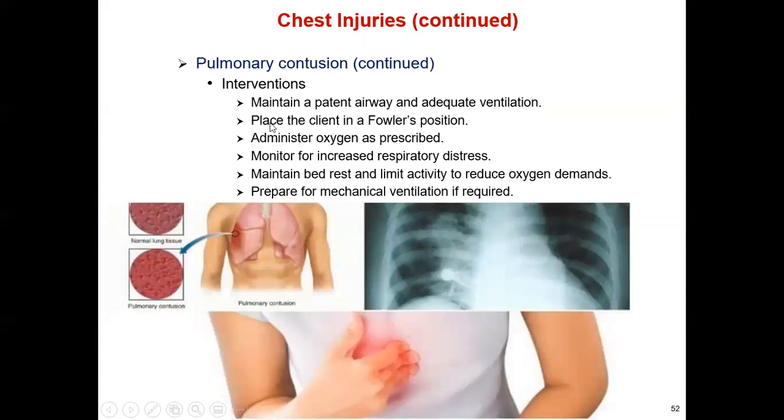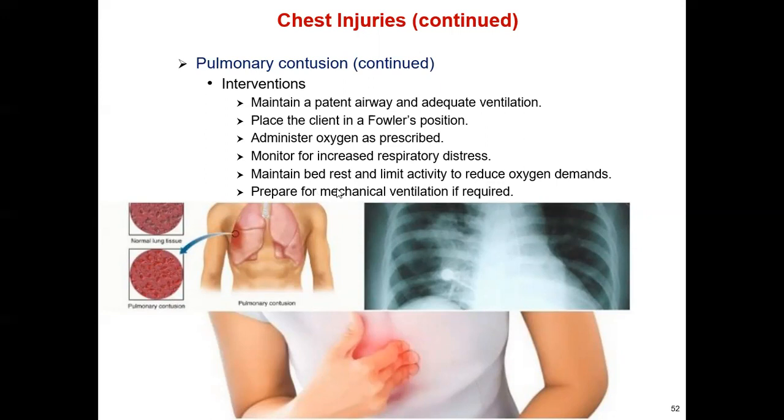So what are the interventions in pulmonary contusion? We maintain a patent airway and adequate ventilation. Place the client in a high Fowler's position, so it is good for them for respiration. Administer oxygen, monitor for increased respiratory distress, maintain bed rest, and also limit activity to reduce oxygen demand.